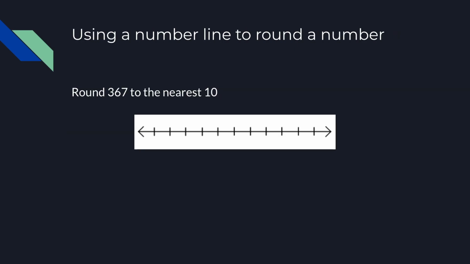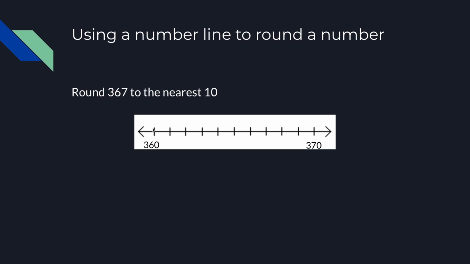So when I'm using a number line to round a number, the first thing that I need to do is figure out what I'm rounding it to. So in this case, I'm rounding 367 to the nearest 10. So I need to label my number line with those 10s. So the 10 before 367 and the 10 after. So if I label my number line, I'm looking at the numbers between 360 and 370.